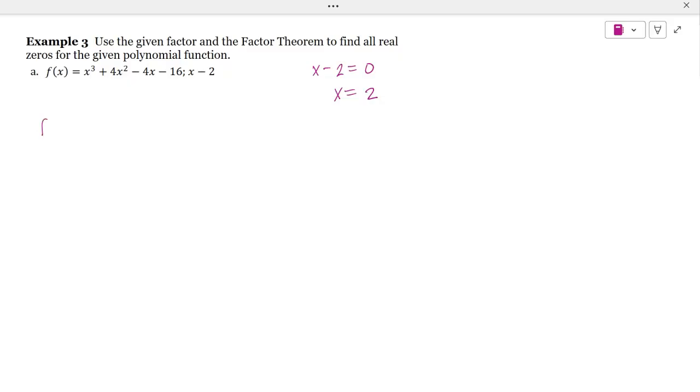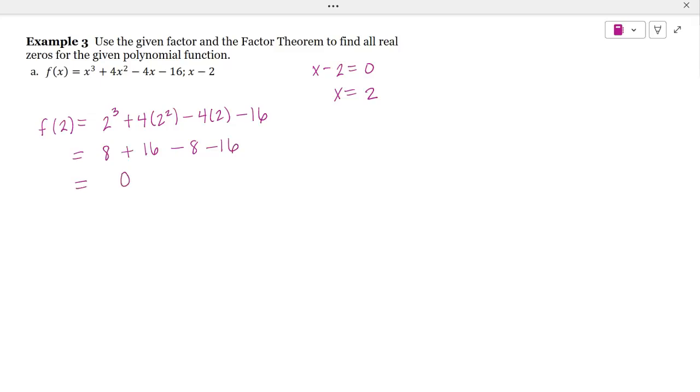So let's use the remainder theorem and plug 2 into the function. 2 cubed plus 4 times 2 squared minus 4 times 2 minus 16. Just to verify, this will be 8 plus 16 minus 8 minus 16.